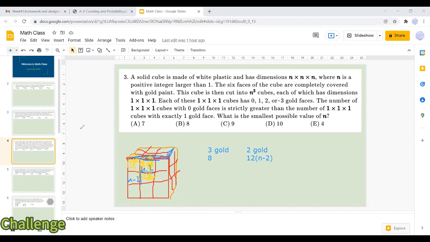So I guess for 1 gold, that would be 6 times n minus 2 squared. And for the middle, so if we know that the ones with 0 faces, wait, oops. Yeah, I'll just type that out again.